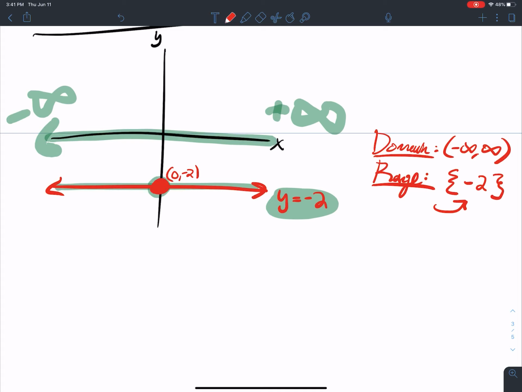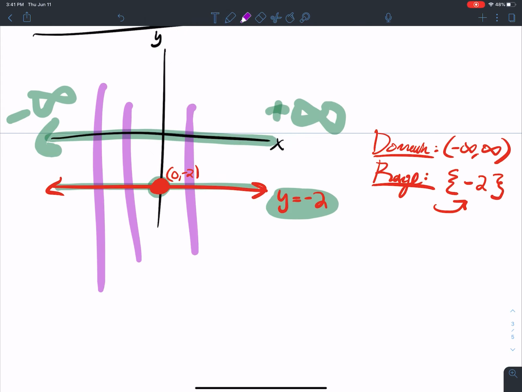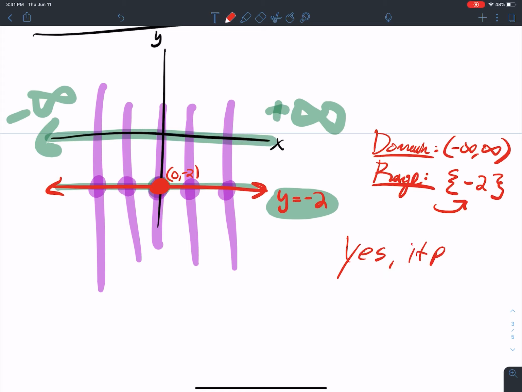Okay, so does it pass the vertical line test to make it a function? Well, every vertical line I draw, it only passes through it one time. Okay. So I think so. So yes, it passes vertical line test. Therefore, it's a function.